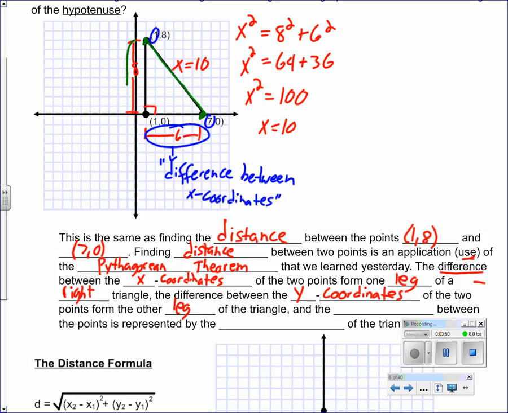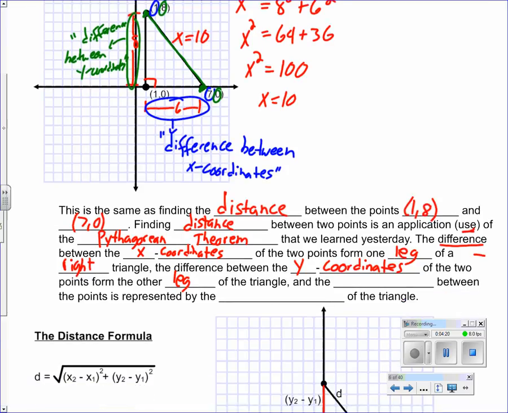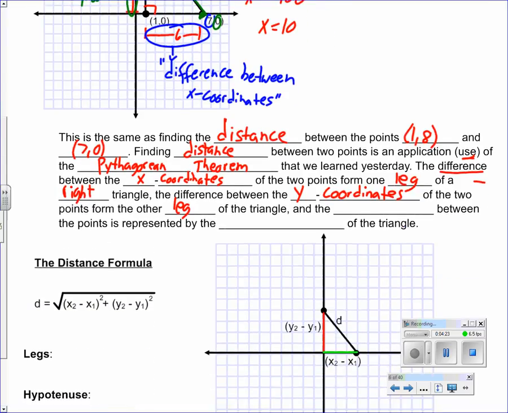And then this leg here, the 8, this is the difference between the y coordinates, 8 and 0. And then last thing, the hypotenuse. Hypotenuse of the triangle is the distance between the points.